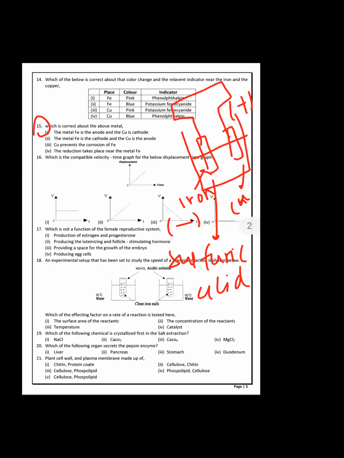So you can study about the negative terminals and the positive terminals. Okay, so here they have given an experiment. The metal Fe is anode and the copper is the cathode. That is the experiment answer.